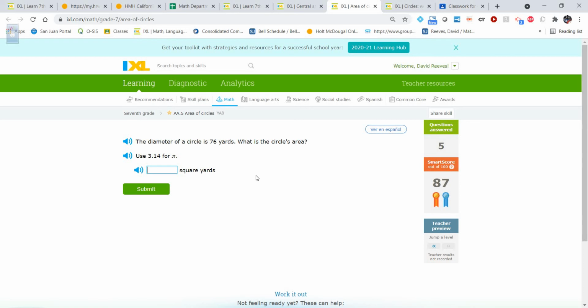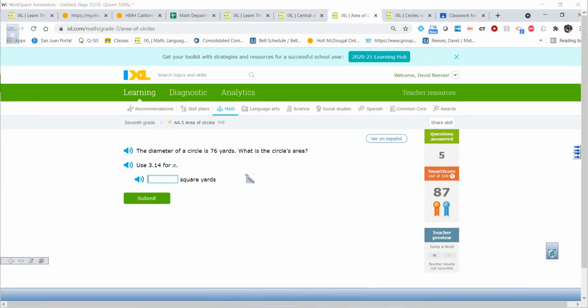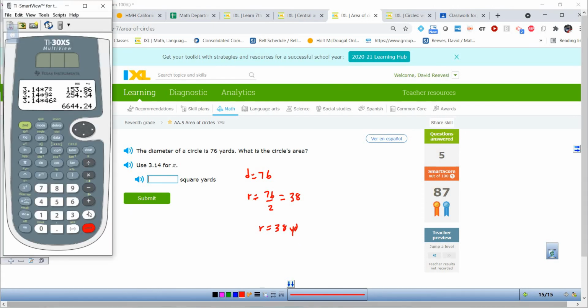Now one more with diameter, and then we will call it a day. If they gave us that the diameter is 76, the radius is going to be 76 divided by 2. If you take half of 70, you get 35. Half of 6 is 3, so it's 38. So the radius is 38 yards. So again, here we go.